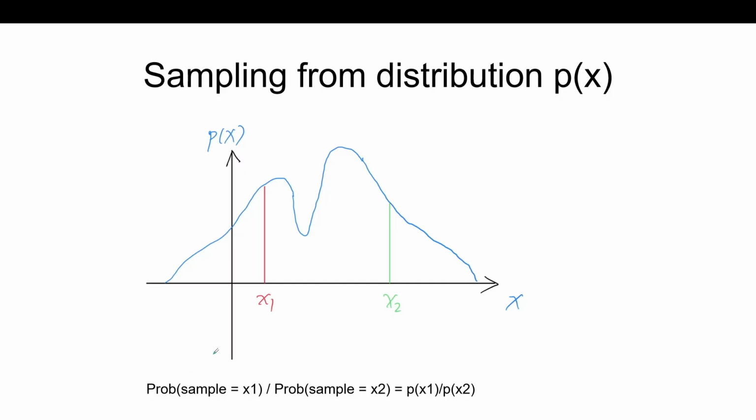For example, if we take these two points, x1 and x2, the probability of getting x1 as a sample divided by the probability of getting x2 as a sample is equal to the probability density at x1 divided by the probability density at x2. This is a basic foundation we need to understand to be able to sample from this distribution.